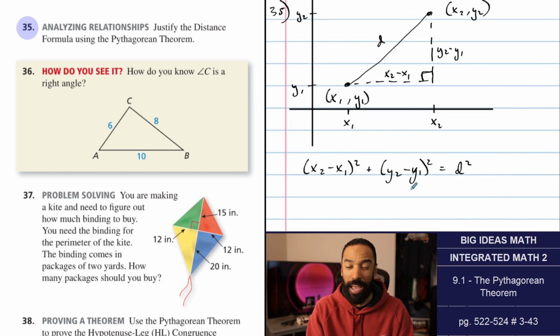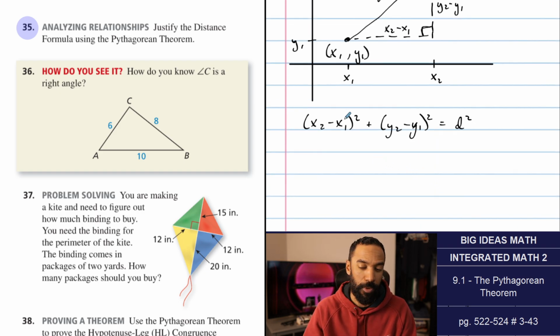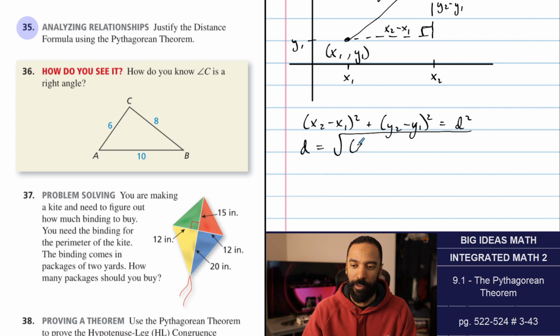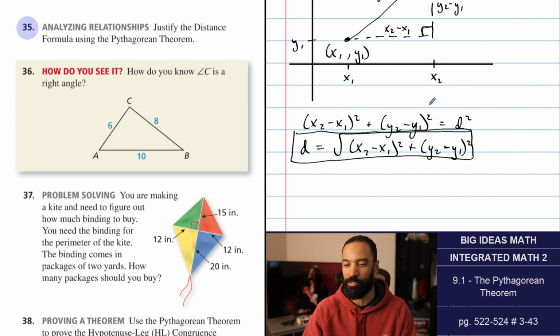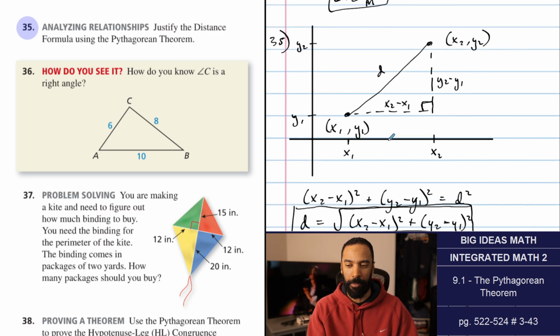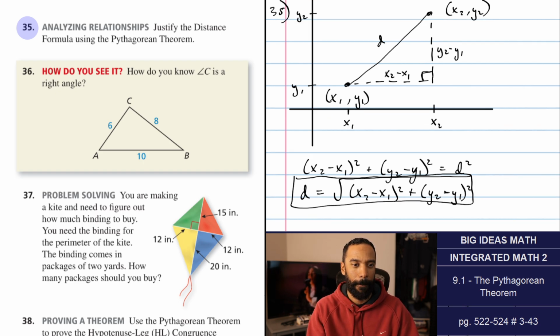And how many times might I have been using Pythagorean theorem without you understanding what it was? I don't know, but I hope you picked up on it over time. So d is the square root of all this. So as far as justifying it, this is where the formula comes from. This is me telling you that distance formula is Pythagorean theorem. I've told you before, I've shown you why a lot of different ways, but here you can see I made the distance formula out of using Pythagorean theorem of the right triangle in the set that you have.